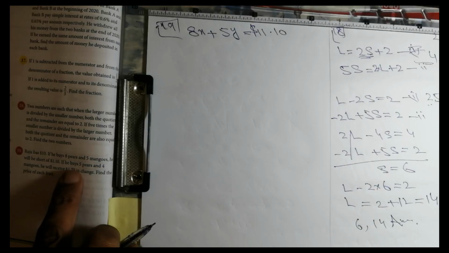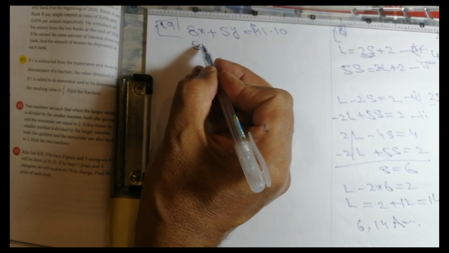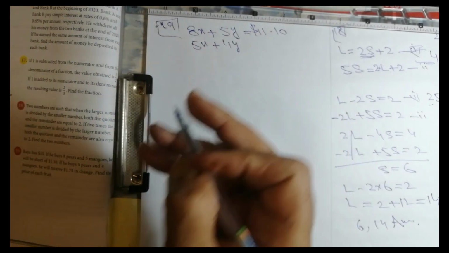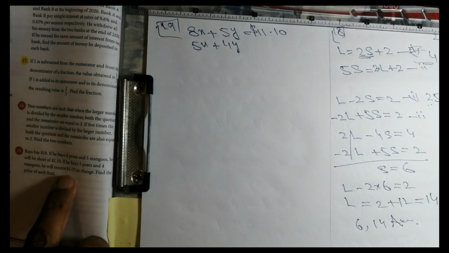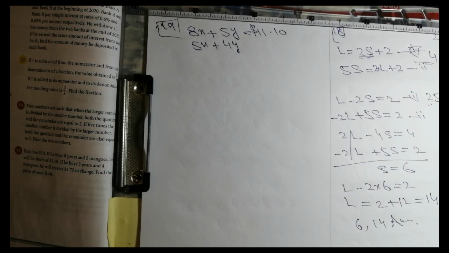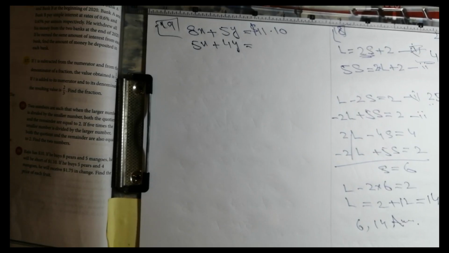Next, if he buys 5 pears and 4 mangoes, now he will get an extra amount as change, 1.75. So it means in this case the price is equal to $10 minus 1.75, which he receives as change.